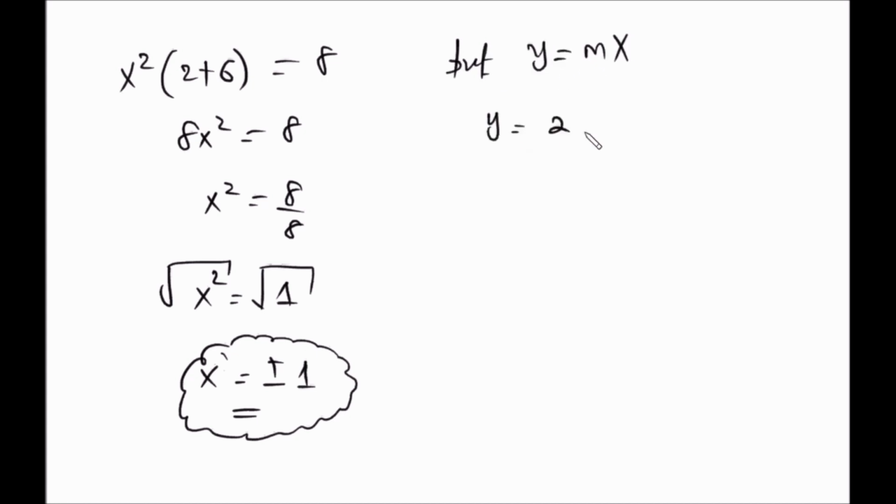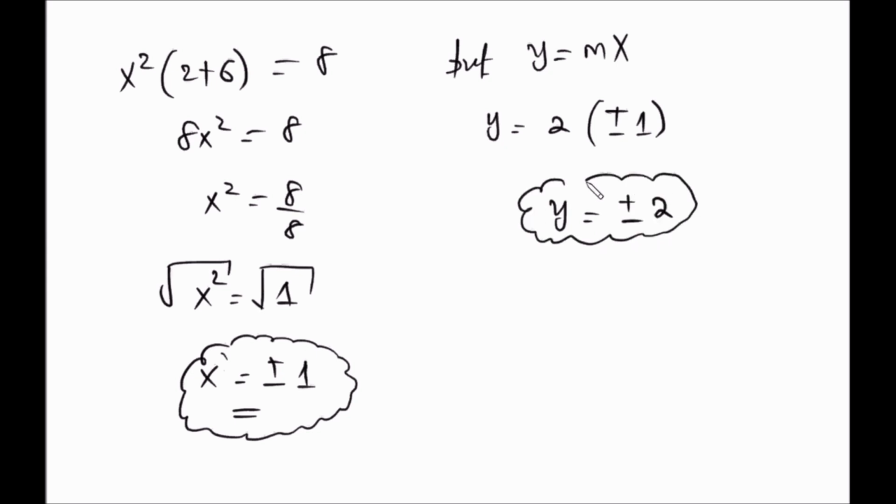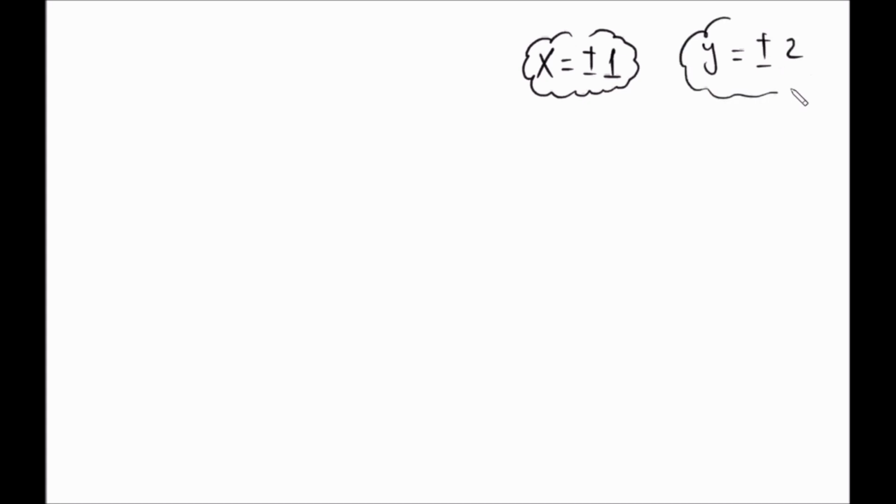Kwa hiyo y itakuwa sawa na 2 times x ni plus or minus 1, ingiza zote tu. Kwa hiyo kumbe y yenyewe itakuwa ni nini? Plus or minus 2. Kwa hiyo hii ni x alafu hii ni y. So for m is equal to 2 tumepata x ni sawa na plus or minus 1 na y ni sawa na plus or minus 2.